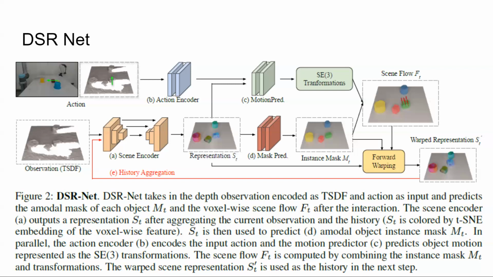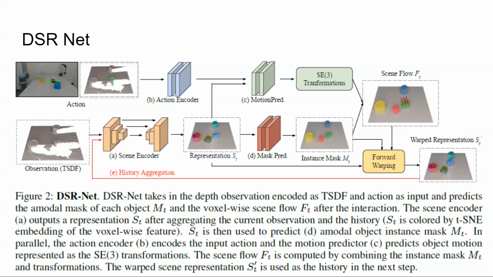So this is the F_t that they are outputting for any particular time t. And this representation, along with the object masks, putting a mask on the object, creates the instance mask M_t. Then they are coupled together, and this warping approach is, I think, just a mapping that they are doing. And finally, they are creating this final warped representation S_t.